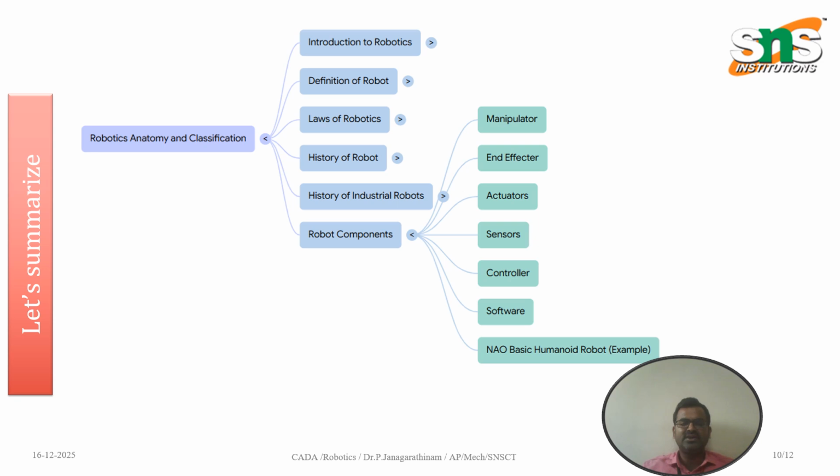This is today's summarization. We discussed the introduction to robotics and the laws and history of robotics. Today we discussed the robotic components like manipulator, end effectors, actuators, sensors, controllers, and different types of actuators. We use this kind of end effectors and grippers to hold the workpiece, as well as to move the workpiece from one place to another place.